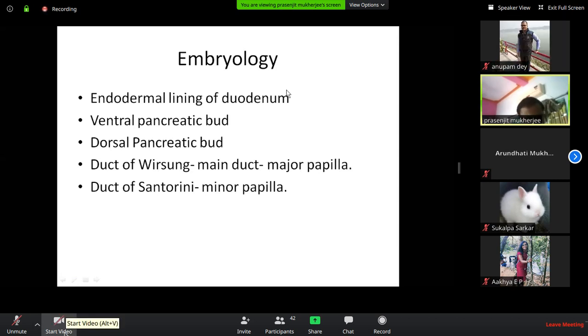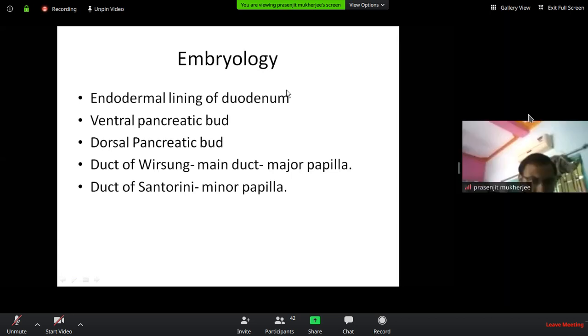With time, the ventral pancreatic bud moves dorsally to fuse with the dorsal pancreatic bud, and the entire pancreatic structure is formed as a single structure.